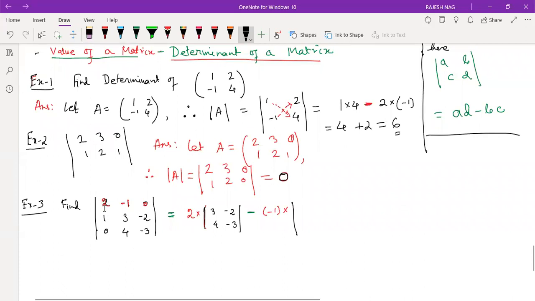For this 2, excluding this row and this column, you are left with 3, -2, 4, -3, and that is the determinant. Using the formula, you can easily find that a b c d equals AD minus BC. So this determinant is calculated like 3 into -3 minus -2 into 4, like this. We have to calculate it in the next step. Then use the minus symbol here. Then you use this minus 1.